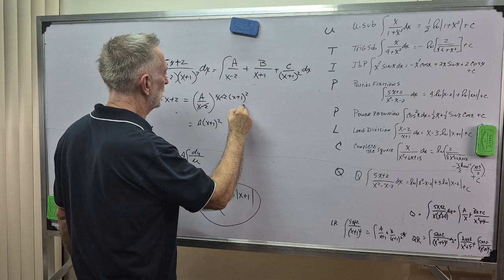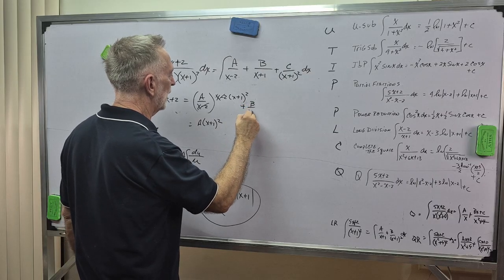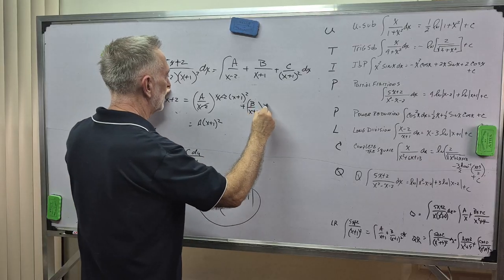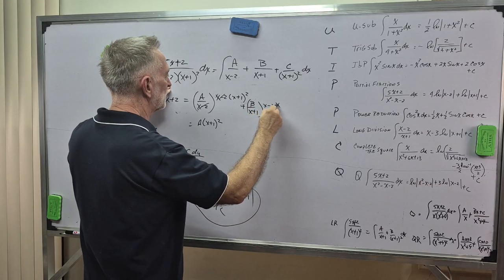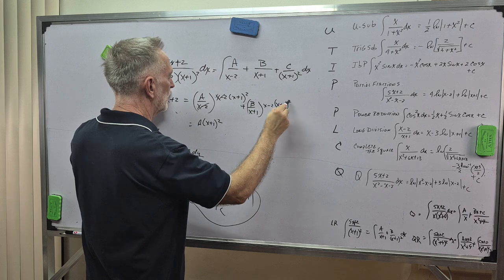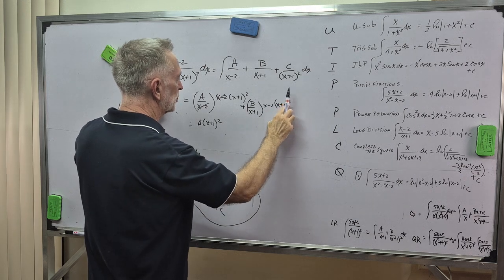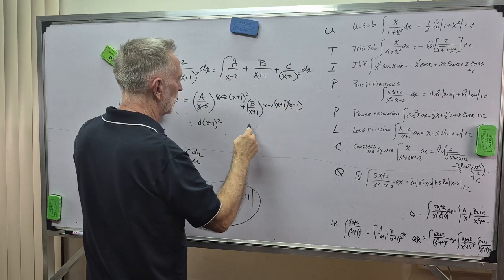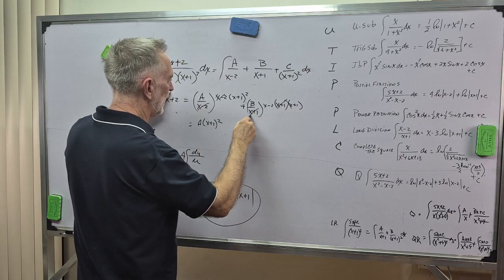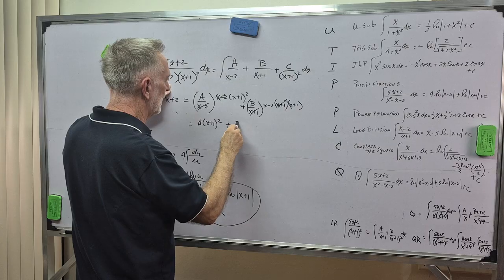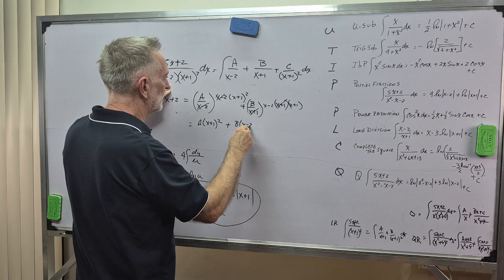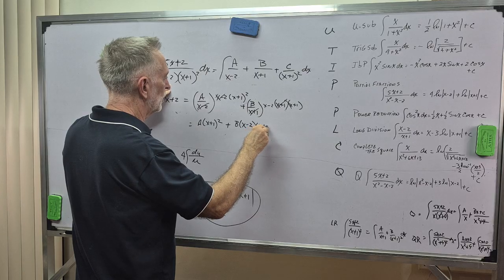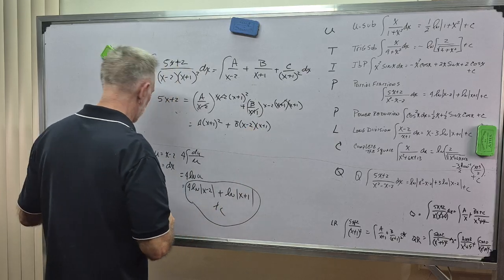Okay, so now I'm doing that plus b over x plus 1 times x minus 2 times x plus 1 squared, which is x plus 1 times x plus 1, right? So one of those cancels, so I'm left with b times x minus 2 times x plus 1.